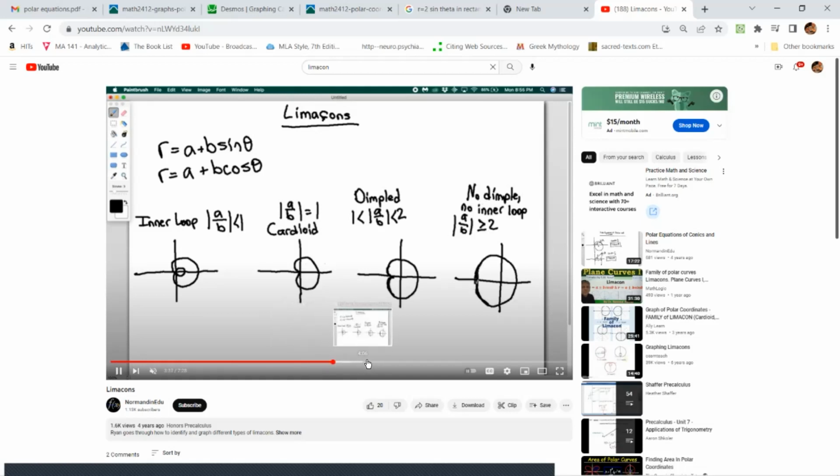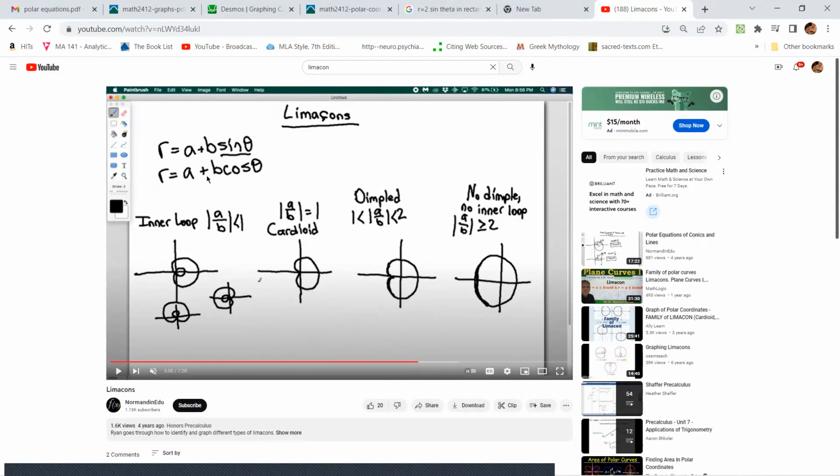And then here you have... we're turning it around. So again, if this is above, then it's a sine curve. If it's to the right, then it's a cosine.